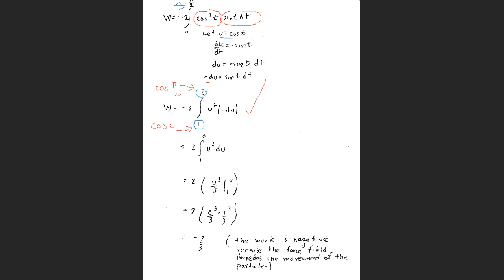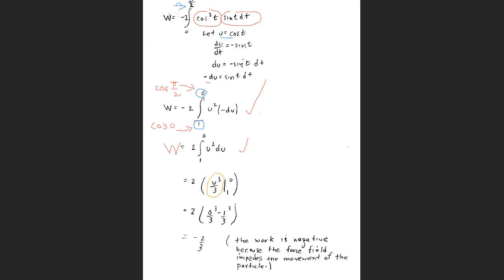I'm going to note that a negative times a negative is a positive, and so our work integral now becomes 2 times the integral from 1 to 0 of u squared du. The antiderivative of u squared is u cubed over 3.